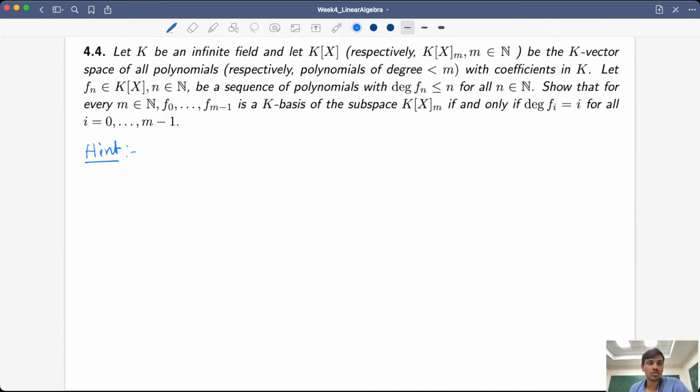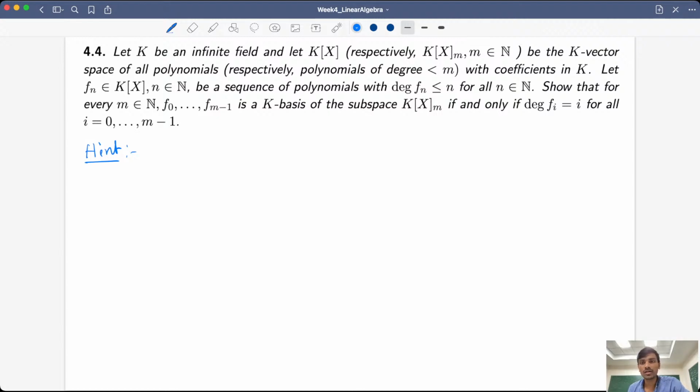So for one way, that this is a k basis of the subspace k[x]_m, you need to show that it generates the vector space k[x]_m, and also that these elements are linearly independent, right?